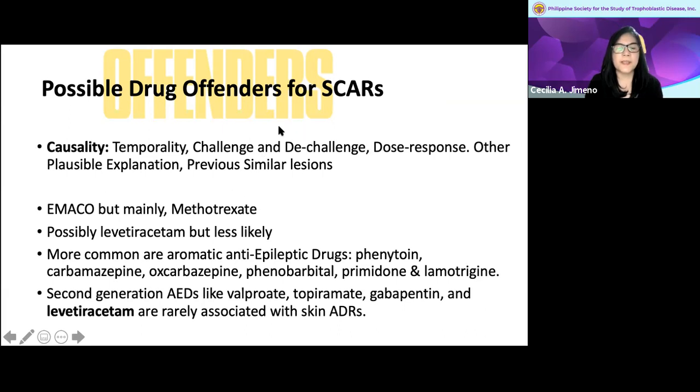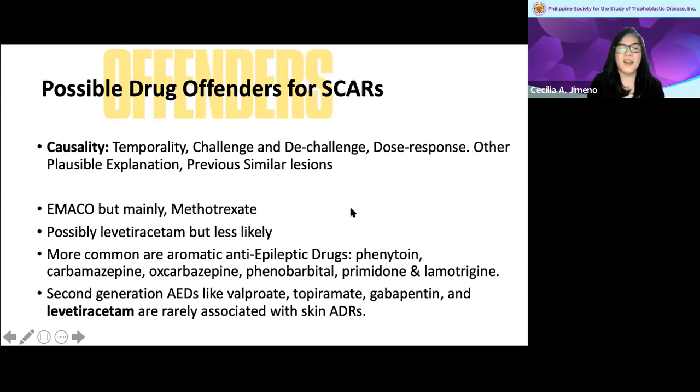It's also hard because it is hard to re-challenge the patient with the possible offender, because it's a serious adverse event. And because SCARs are typically bizarre or idiosyncratic, you will not see any dose response.